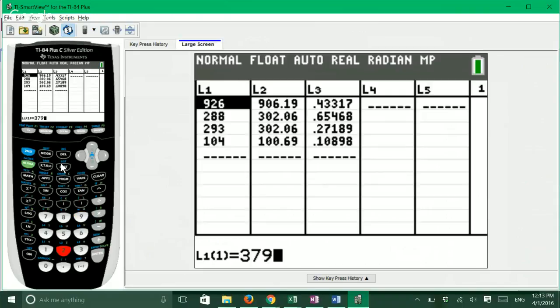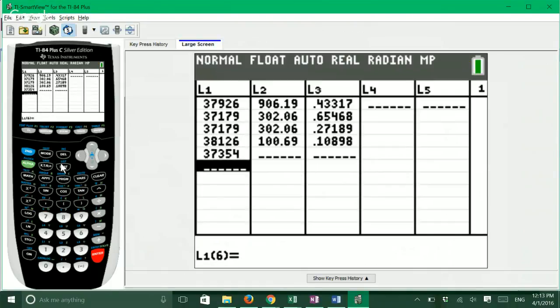37,926. 37,179. 37,179. 38,126. 37,354. 37,718. 37,910.